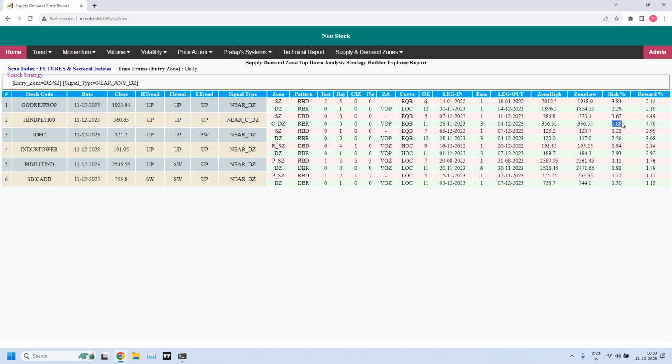The risk is there. Its reward risk, RR, is very poor on the daily time frame, but we don't bother about the RR on the daily time frame. The reason is we will always fine tune time frames below the daily, that is 75 minutes, inside 75, 15 minutes, and inside 15 again we look for 5 minutes. This is the way we do our risk management.